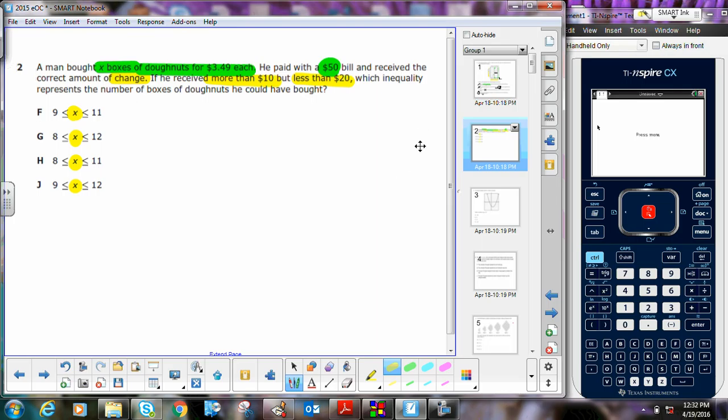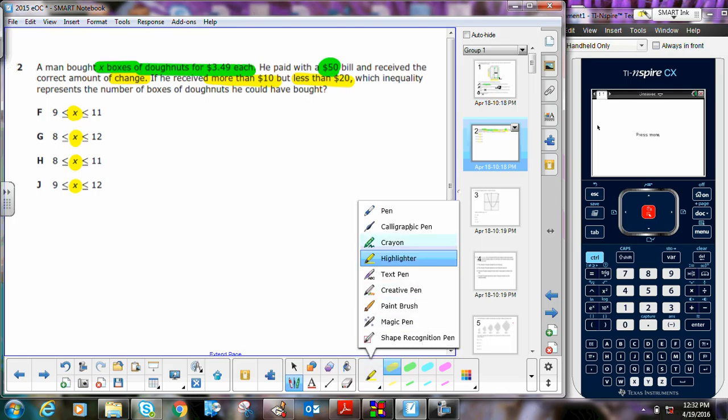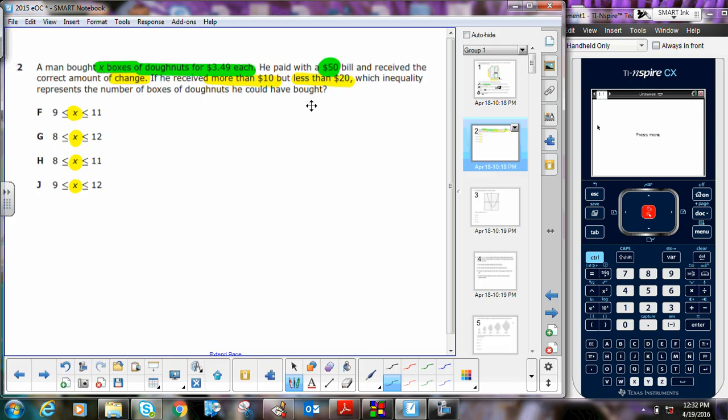Okay. In this case, we're going to talk about real life before we talk about math. The change, everyone knows. Your change will be what you have minus what you spent, minus the spending. In real life, that's your change.